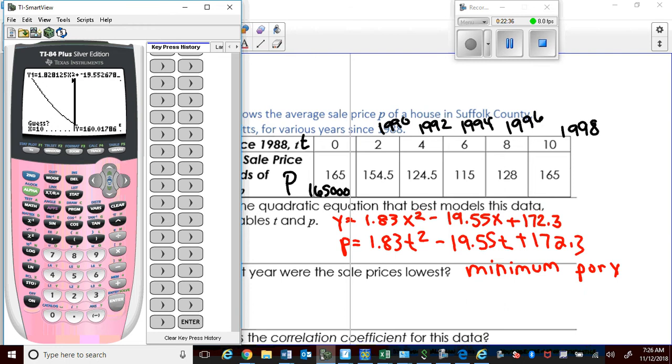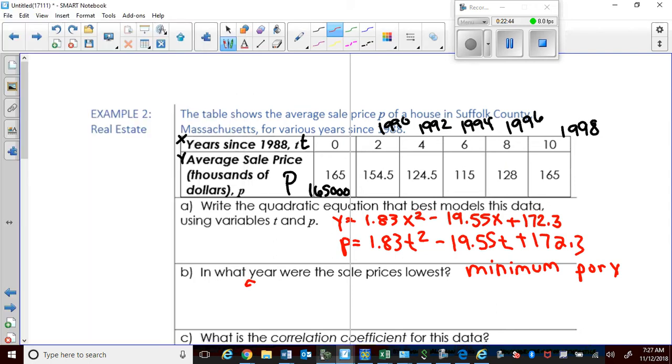Press enter again, and I'm at 5.34, 120.45. So essentially, the sales price is lowest.